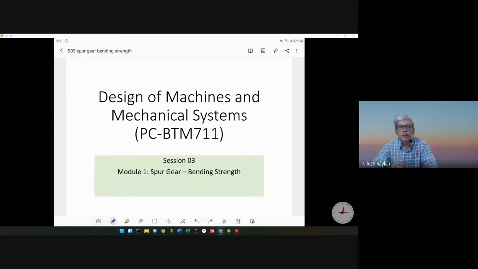So force analysis, we determined the forces acting on the gear tooth. There is a normal force acting on the gear tooth, which we resolved into two forces. Does anybody remember what are the two components that we consider in calculations?